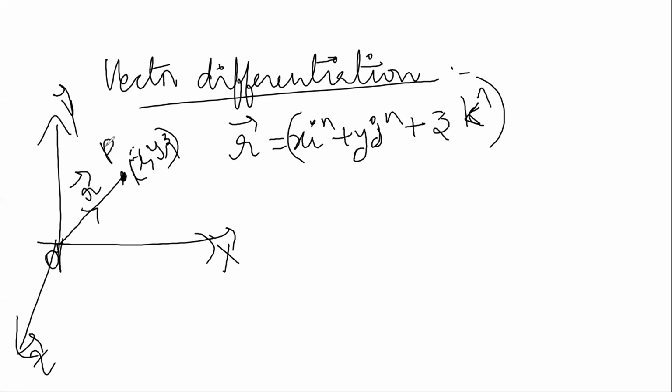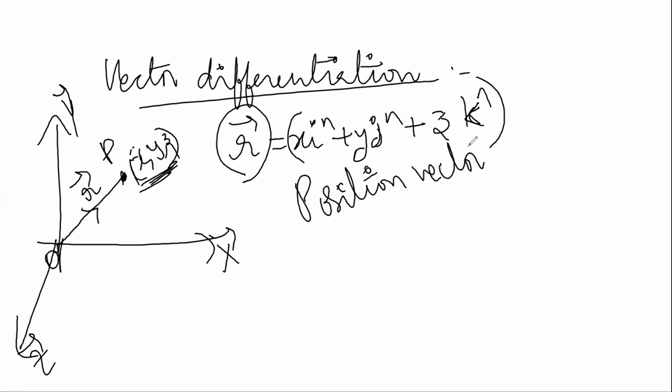Then what is the position of this particle called? Position vector. The particle's position in three-dimensional space is given by x i cap plus y j cap plus z k cap. Now I want to calculate the velocity of the particle.